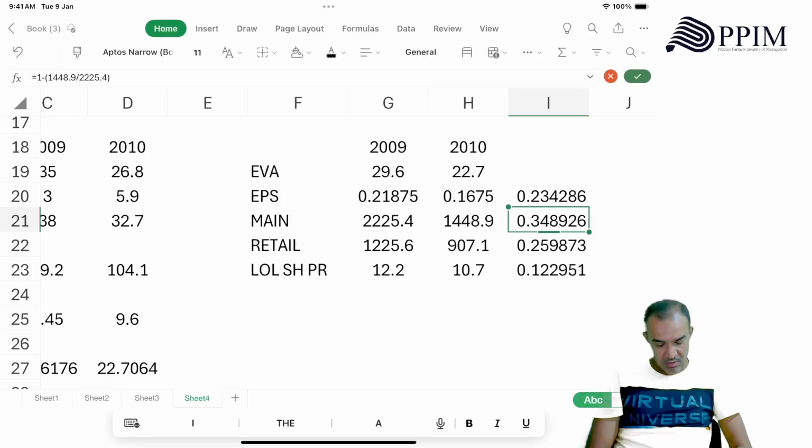So stop. The point is, EVA remained positive.